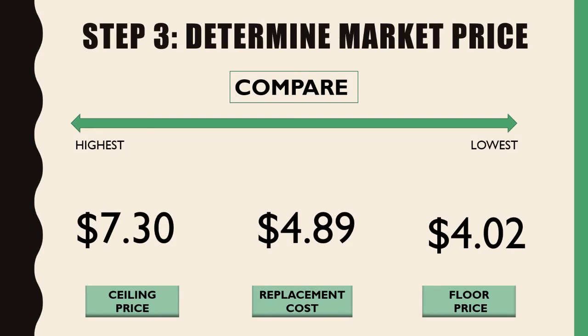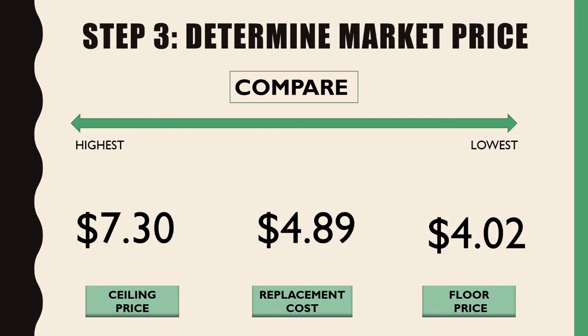Here, my highest is going to be my ceiling. Here, I just put in my random number for the replacement, which is 489. And then my floor price is 402. So place the values in order. You don't need to list them yet, just place them in order.